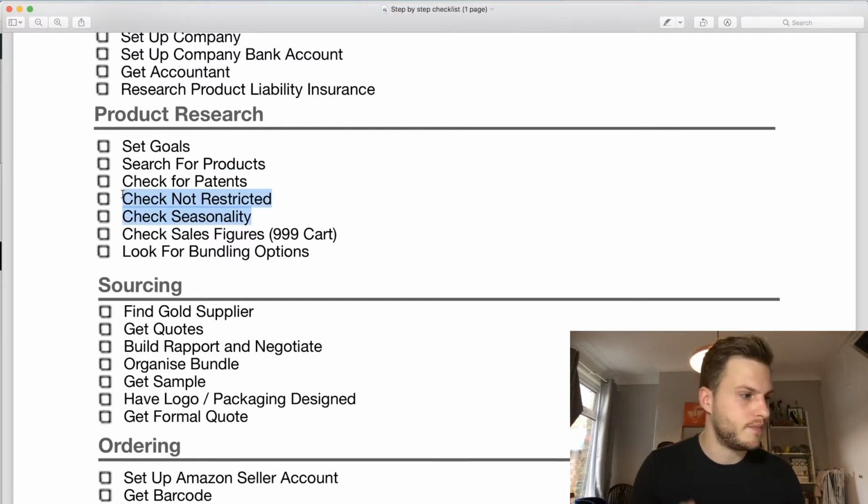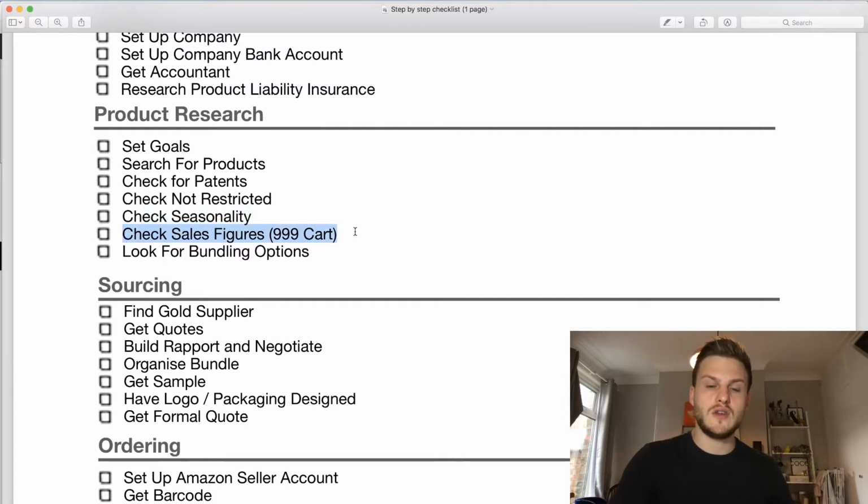I put a screenshot on my Instagram just the other day where it was someone that made a $2,500 mistake for not checking a restriction, okay? Now, it could literally be solved within 10 minutes of research and save that person $2,500. But they just didn't know. They just didn't know to check it. So I really stress the importance of those.